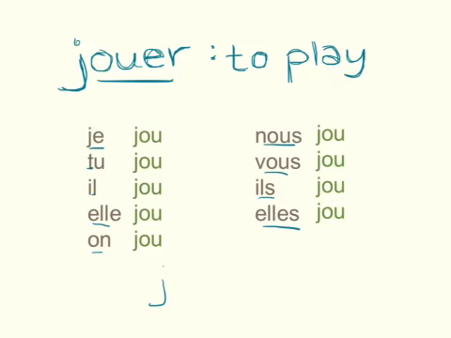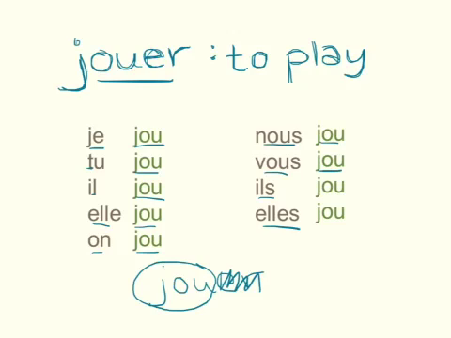I've gone and taken jouer, and I've taken off the ER, and I found that I'm left with J-O-U. So I've gone ahead and I've put our stem after each and every one of our subject pronouns. The stem doesn't change for each one. It stays the same no matter what for our regular ER verbs. Now, all I have left is step number 2, which is to add the endings.